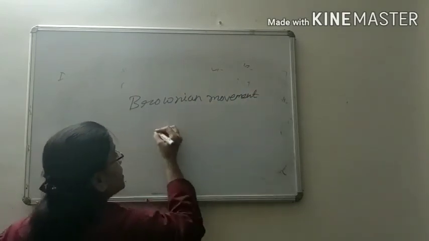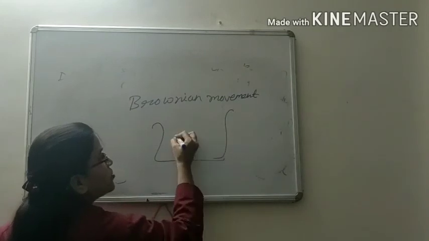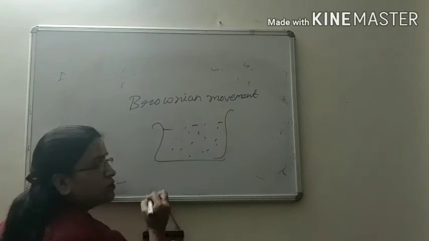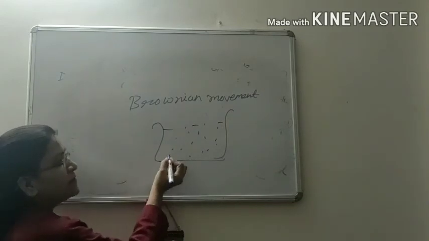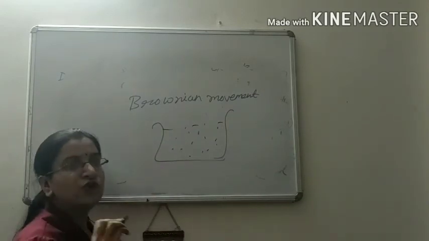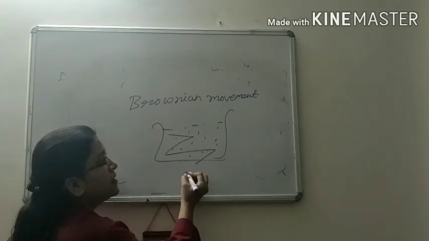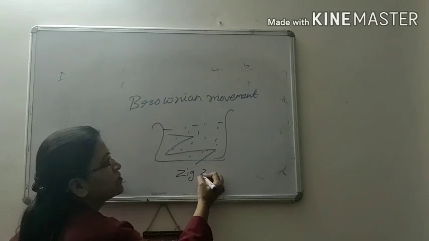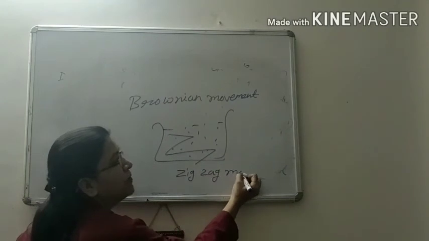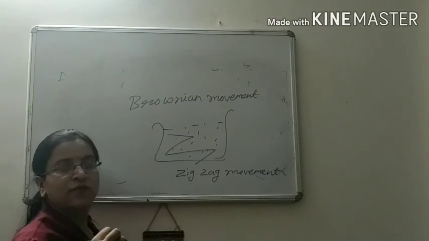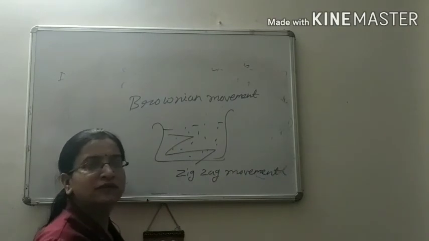For example, this is a colloidal solution and these are the particles of the colloidal solution. The particles which look stable are actually not stable. They are moving here and there. This motion is called zigzag motion or zigzag movement. Because of this zigzag movement, this colloidal solution is stable.